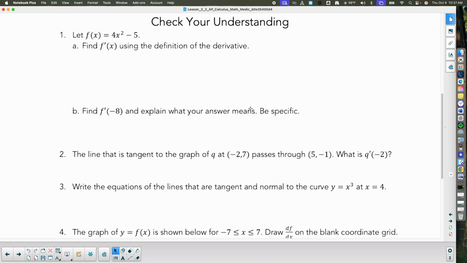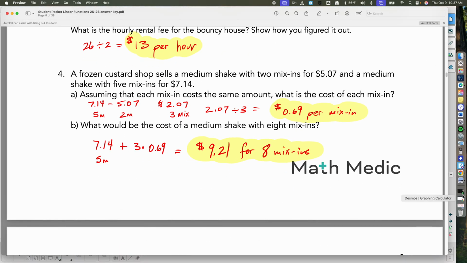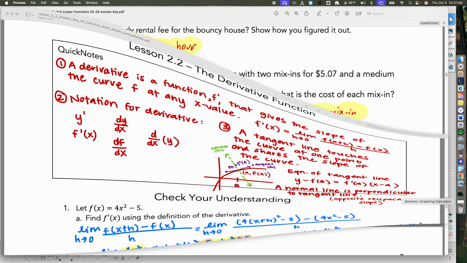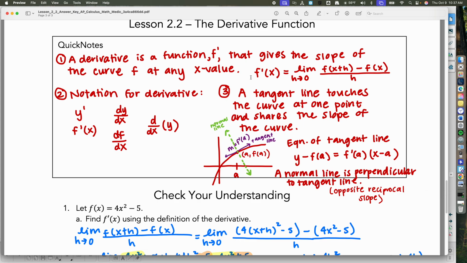So what is the definition of a derivative and what's the second definition of the derivative? What is the difference? The limit definition of a derivative is the limit as h goes to 0 of f of x plus h minus f of x, over h.